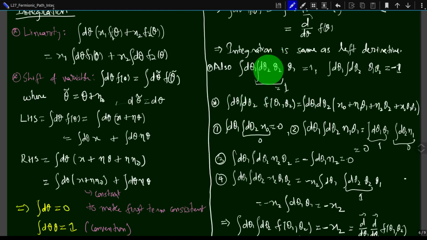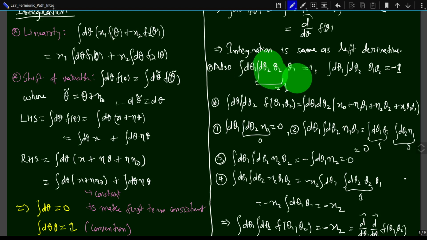And if I have a multi-dimensional integral, then I'll have integration over d theta 1, integration over d theta 2 of theta 2 theta 1 in this particular order. Of course, the integral sitting in between is equal to 1, so it goes away. It's just the ordinary number 1. Then we have the integral over d theta 1 with theta 1, and that also is 1.